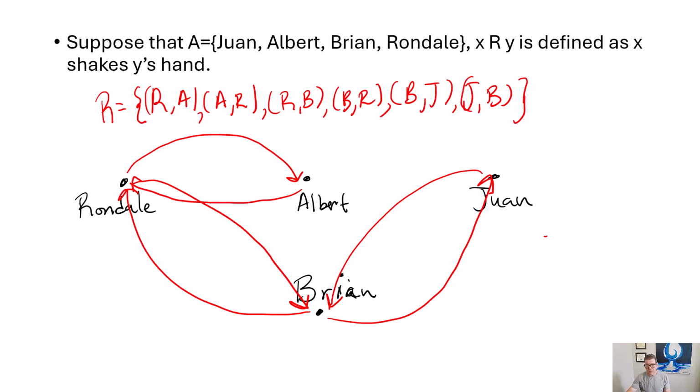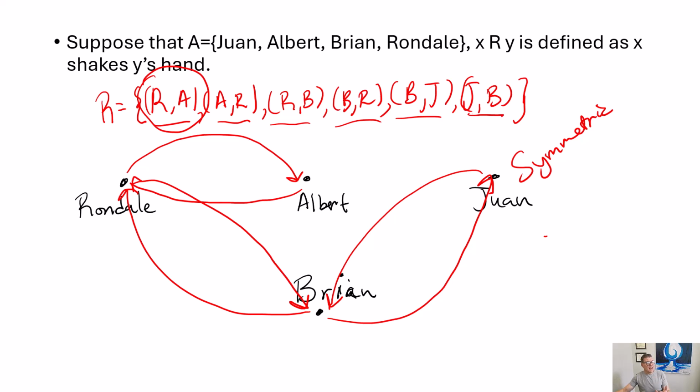What we want to notice is that if RA is in the set, AR is in the set. So we have that symmetric relationship there. We have RB and BR, we have BJ and JB, and since this is true for every single one of our pairs, that if I have a pair in the set, I'm going to have the other pair switched, this actually means that this set is symmetric.